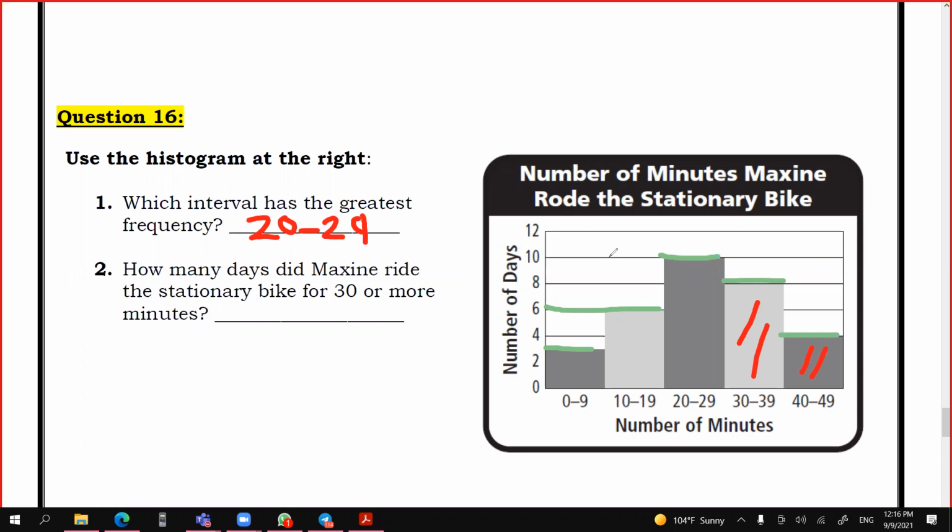Bravo. 30 or more means from 30 to 39 and from 40 to 49. We have 2 intervals. The frequency of the first interval is 8 and the second one is 4. So we have 12 days. Is it clear?